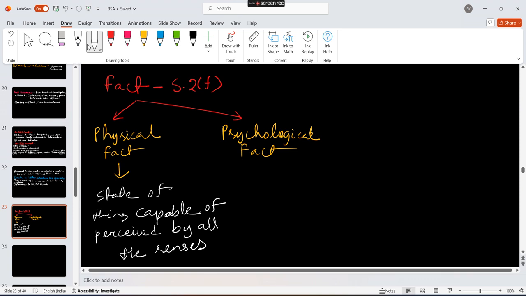So your opinion, intention, your act, whether it is in good faith or bad faith, your conscience or your motive to do certain thing, everything is a psychological fact. Is it clear?